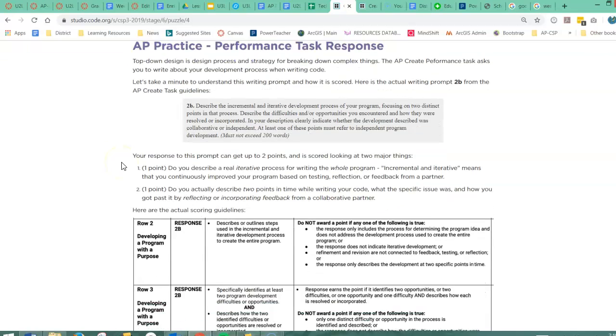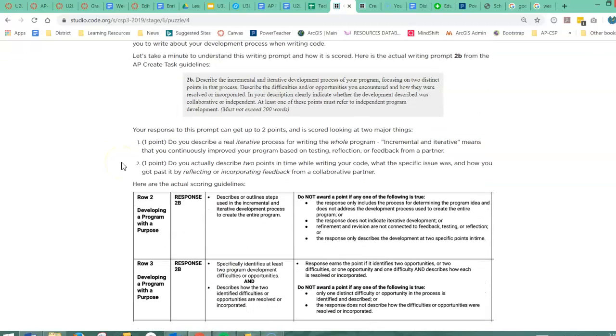So in this particular case, you're going to be able to understand how this breaks down, the real iterative process for writing the whole program. Incremental and iterative means that you continuously improved your program. So that would be you wrote a few lines of code, you tested it. Did it work? Nope. You went back and fixed it. Or maybe you just wrote a portion of it to make sure it was doing the right thing. Then you go back and add to it. So that's what iterative means.